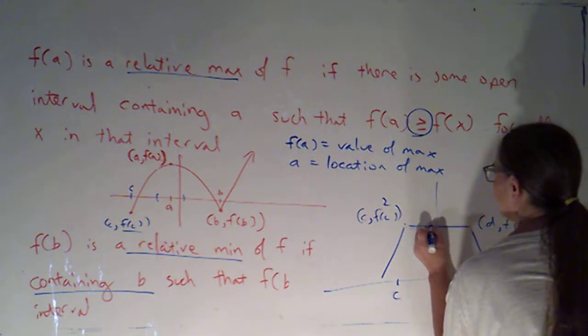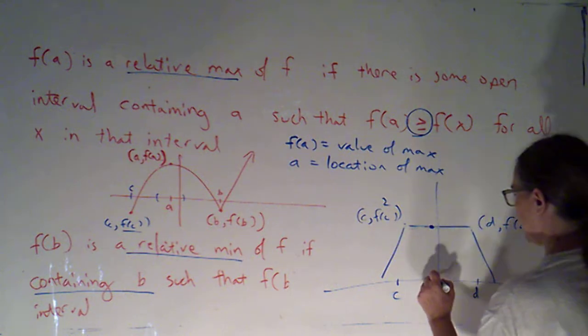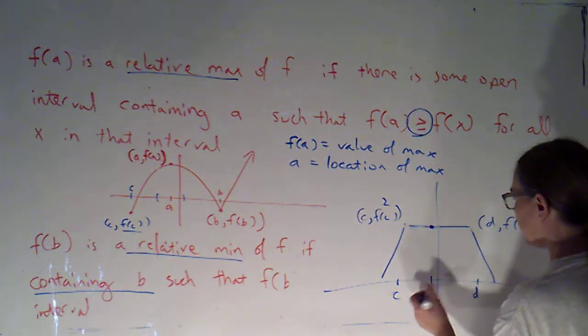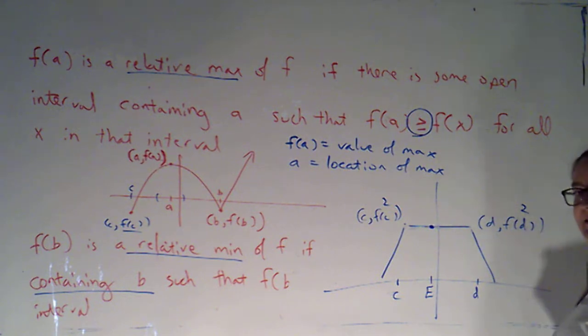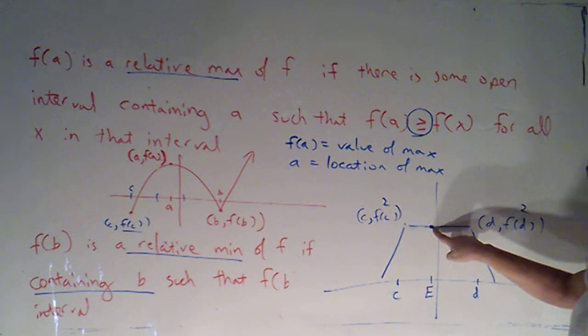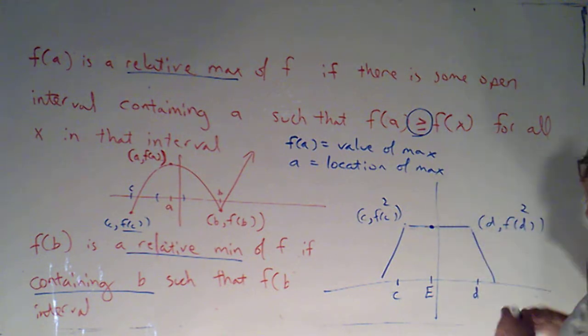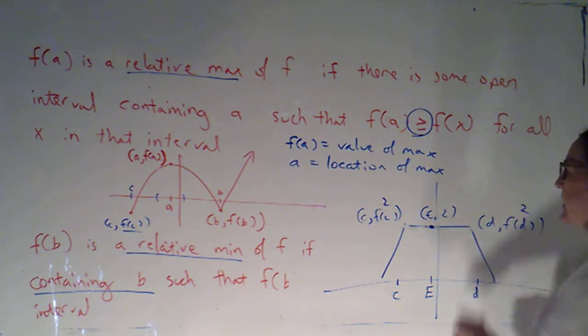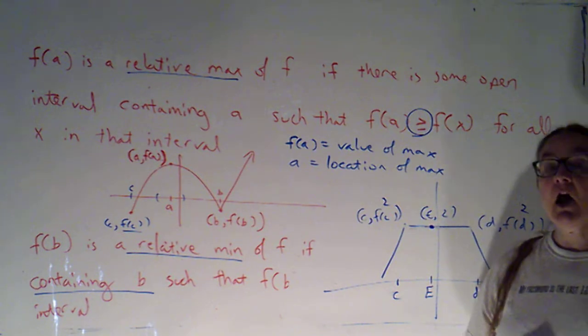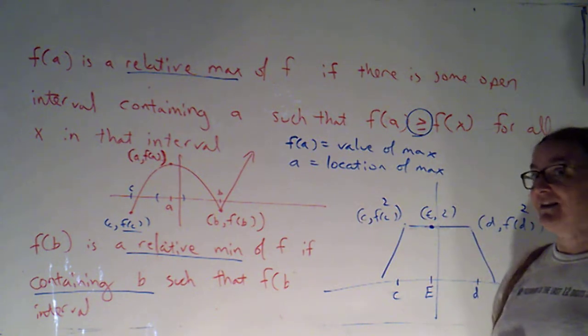Now, very interesting technicality. If I'm right here, let's just call that point capital E, since lowercase e is actually a number and I don't want to confuse us with that. So this would be the point E, 2. 2 is a relative max. 2 is also a relative min.